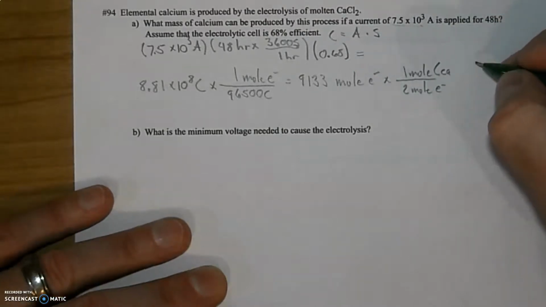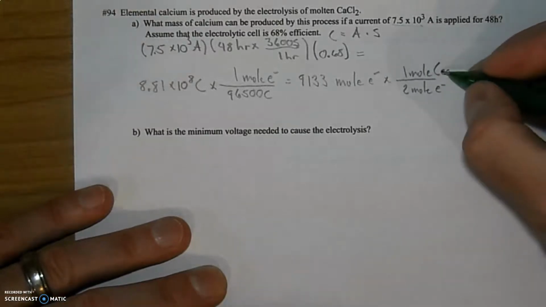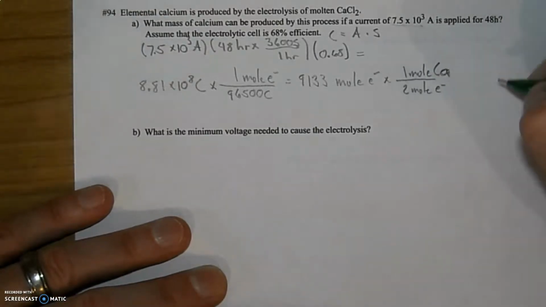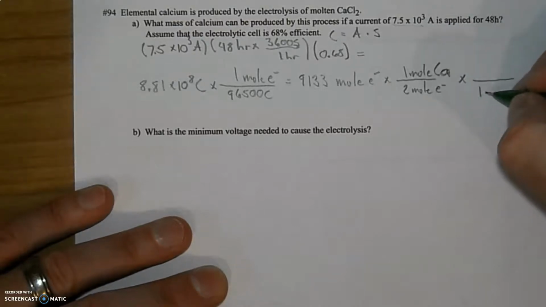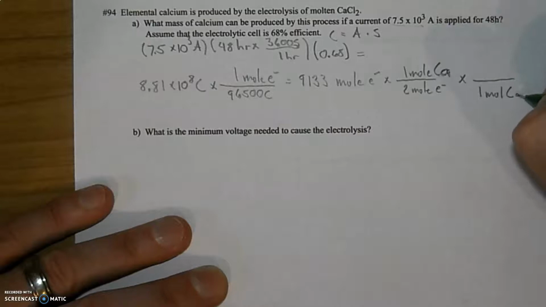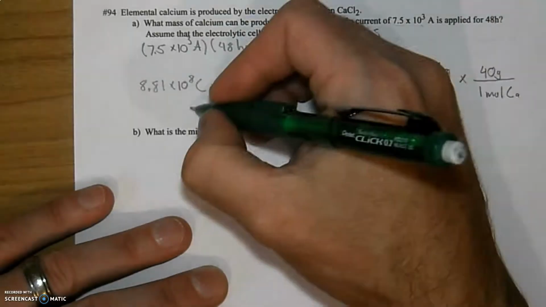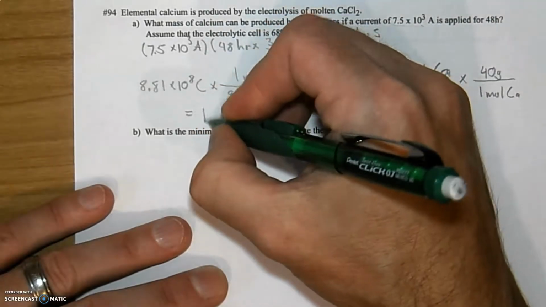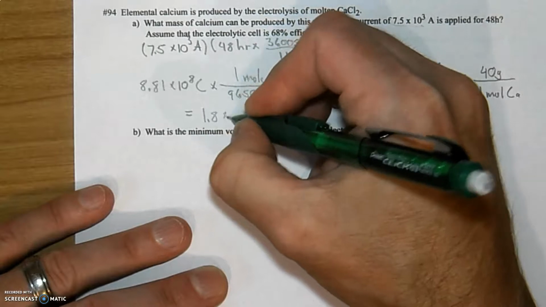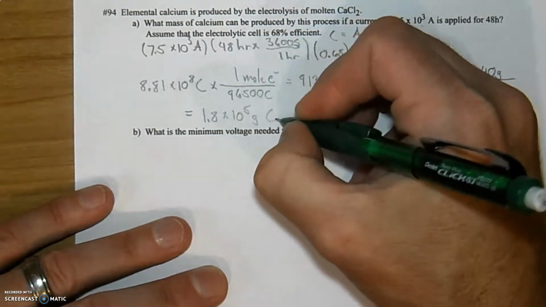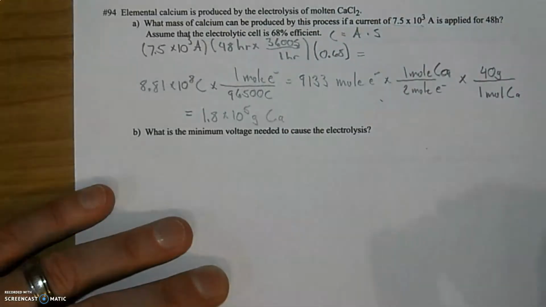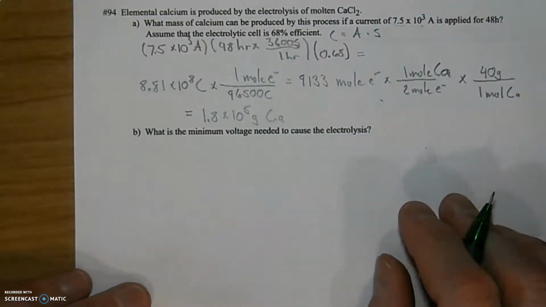And just to keep plugging this through, for every 1 mole of calcium, I will have 40 grams. That's the molar mass. And that'll give me a final answer of 1.8 times 10 to the 5th grams. It's quite a bit of calcium that comes out of that molten mix.